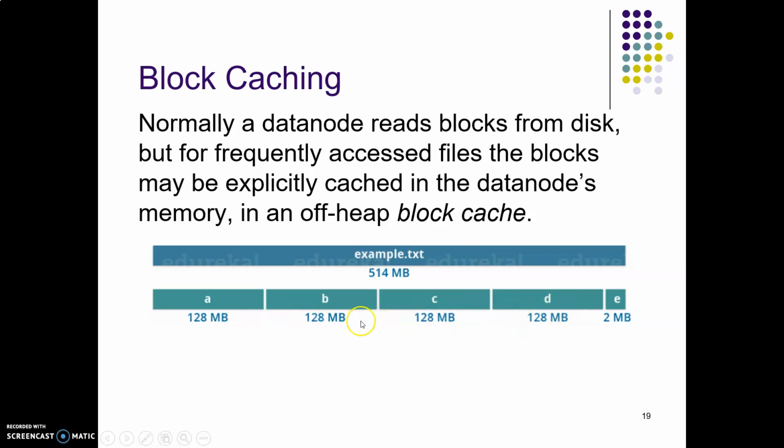Each one of them has 128 MB, and the remaining 2 MB is given in the last block. This is called block caching, which is nothing but an off heap block cache. Normally a data node reads blocks from the disk, but for frequently accessed files, the blocks may be explicitly cached inside the data node's memory.